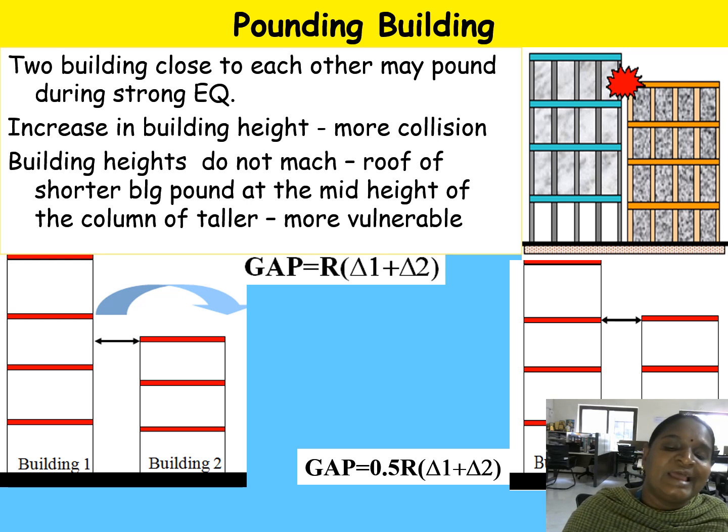For this, the gap calculation will be R into (delta 1 plus delta 2). R is the response reduction factor, delta 1 is the displacement at this floor and delta 2 is the displacement at that floor. You add them, multiply with the response reduction factor, and give a gap like this. And if it is at the same floor, you can consider R by 2 into (delta 1 plus delta 2). Thank you.